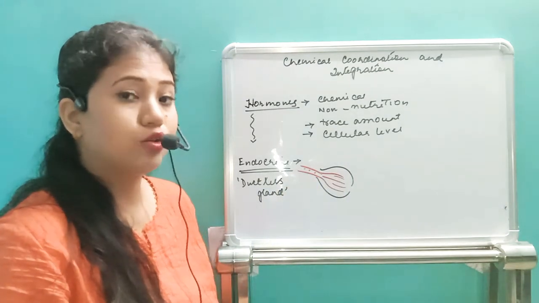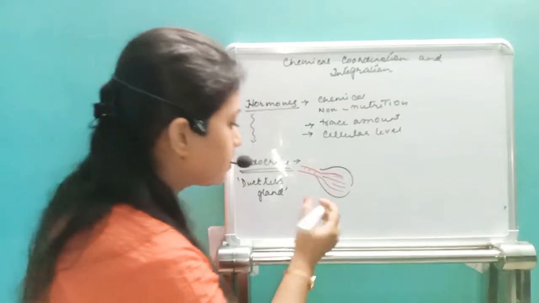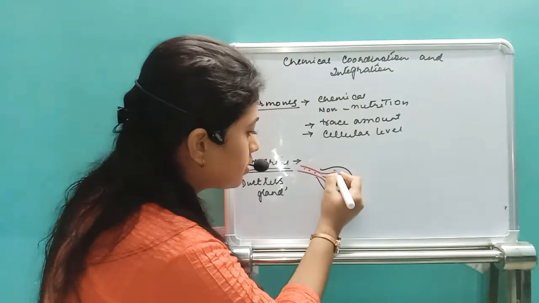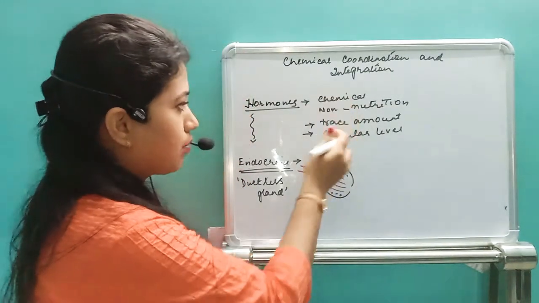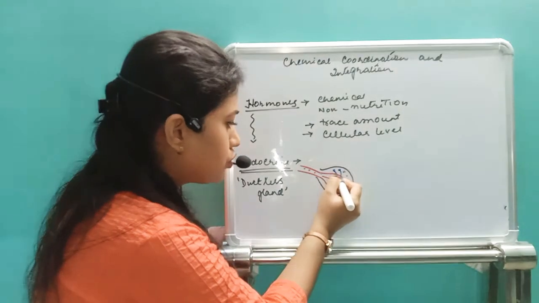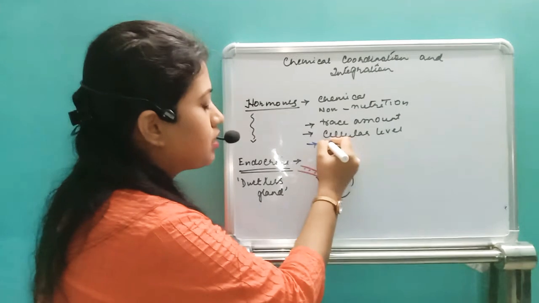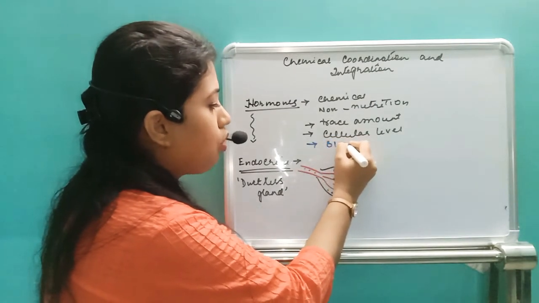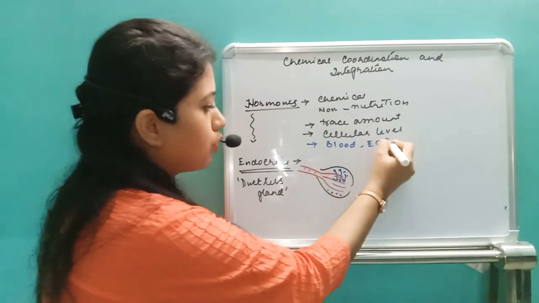Now after that, the cells of the endocrine gland will secrete some chemicals, which are called hormones. They will secrete the secretion into the blood, or into the extracellular fluid.